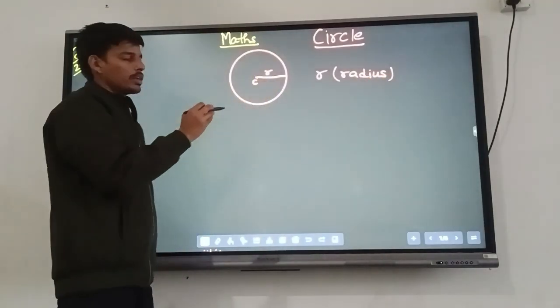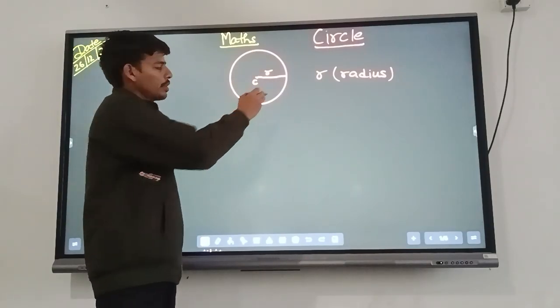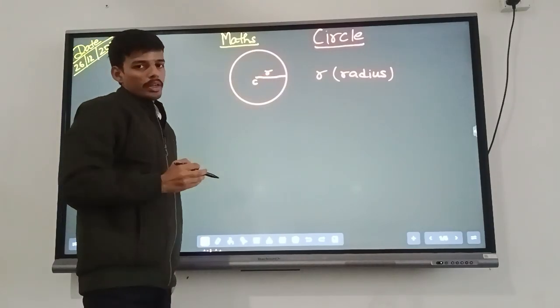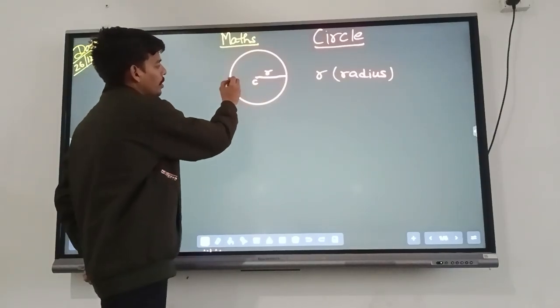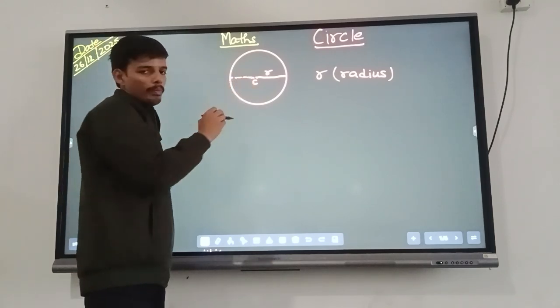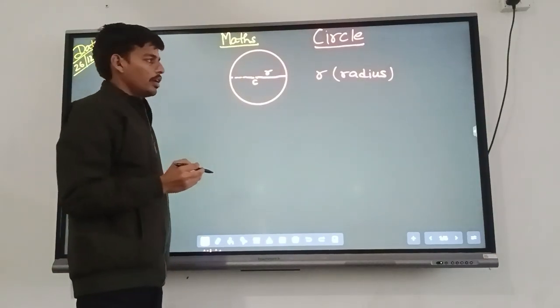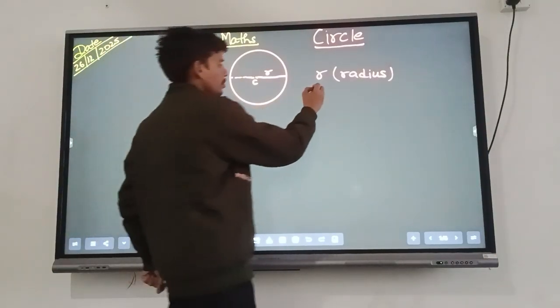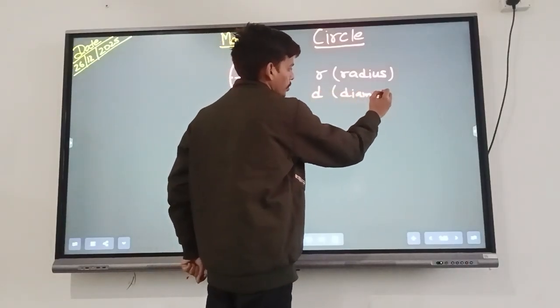Radius is the line from the center to a point on the circumference, that is called radius. And after joining two points of the circumference through the center, we will find a diameter, that is known as D. D for diameter.